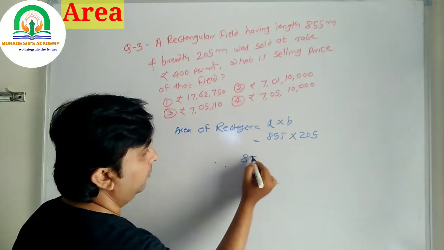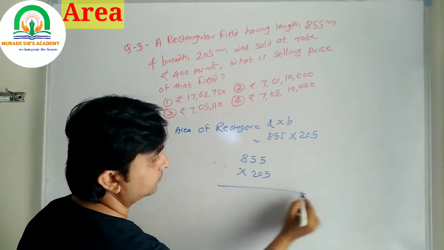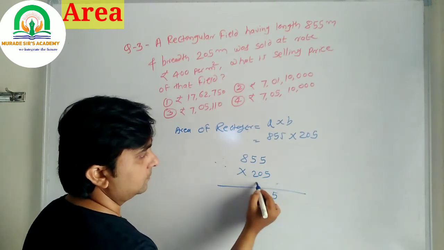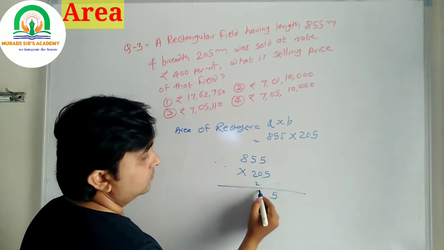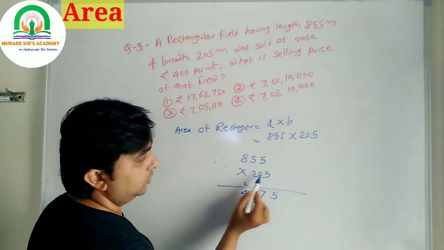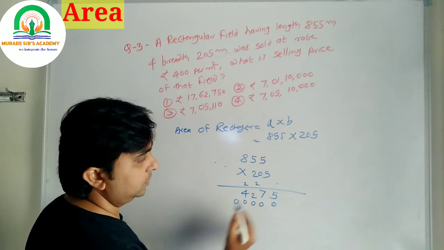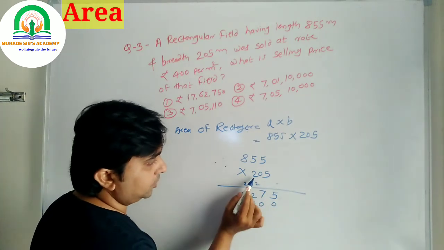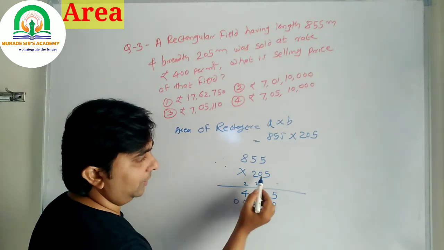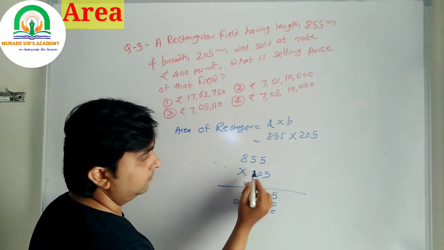Here 855 into 205: multiply by 5, next is 0, take the zeros, then for the multiplication of 2 we add 2 zeros and multiply by 2.